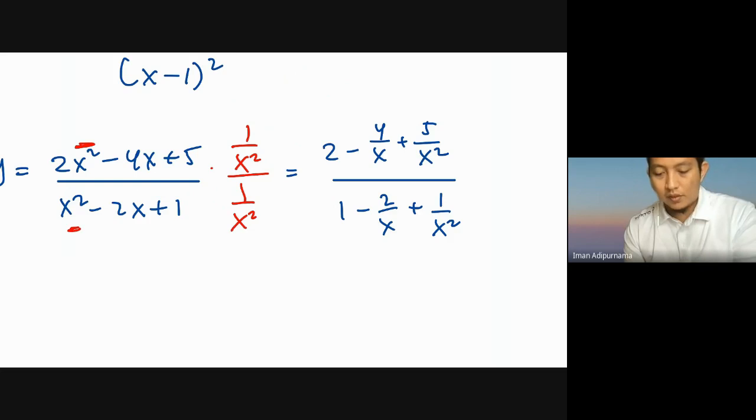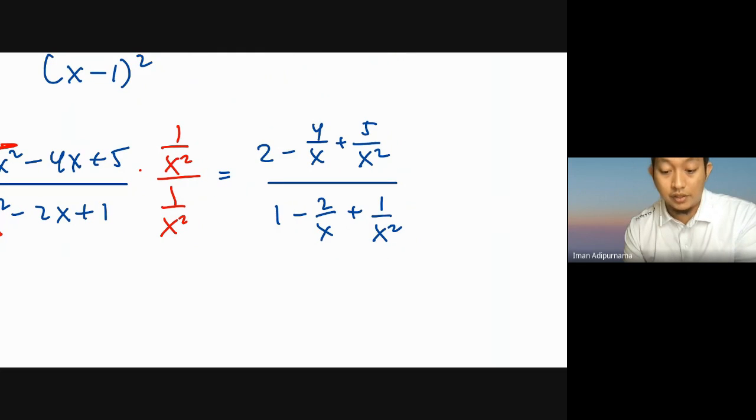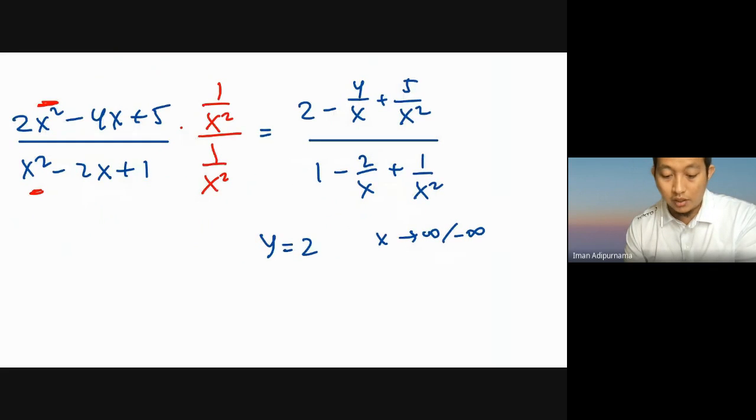In limit, you can get the idea that this will be 0. But here, we just use our logical reasoning. When x is getting bigger, we can say that when x is getting infinite or negative infinite, y will be 2. So y equals 2 will be the horizontal asymptote.